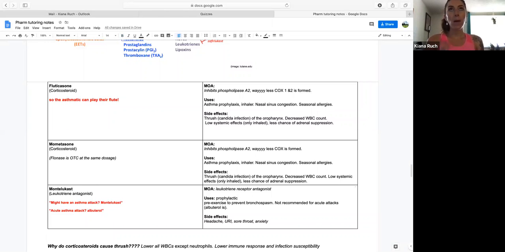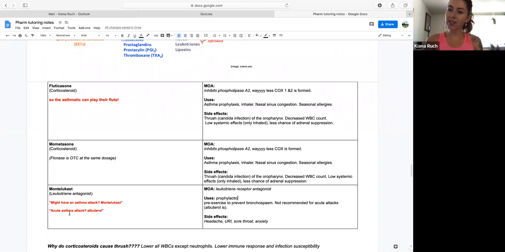So my mental image of Montelukast versus albuterol, I'm gonna go for a hike up a mountain. I would use Montelukast at the bottom of the mountain because I think I'm probably gonna have an asthma attack on my way up. I'm not hiking yet, but I'm gonna use Montelukast before I go up the mountain. If I was halfway up the mountain and I couldn't breathe and I didn't know what to do, but I had my albuterol inhaler, that would be a good option because I would already be having an acute asthma attack.